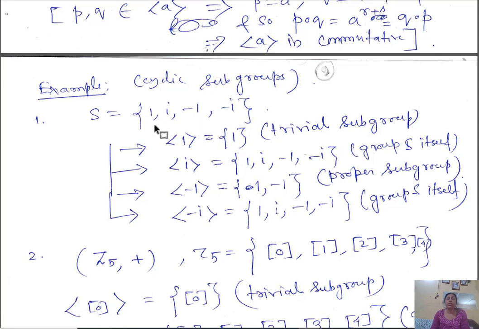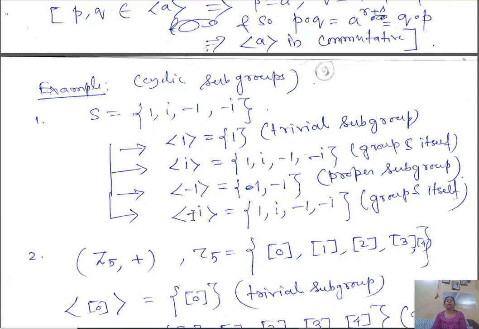Subgroup generated by 1 is 1 itself, the trivial subgroup. Subgroup generated by i is the group itself, S itself. Subgroup generated by minus 1 is 1 and minus 1. This is a proper subgroup. And subgroup generated by minus i is the whole set. So you have to take the integral powers of minus i.